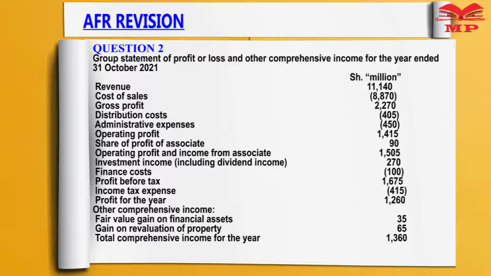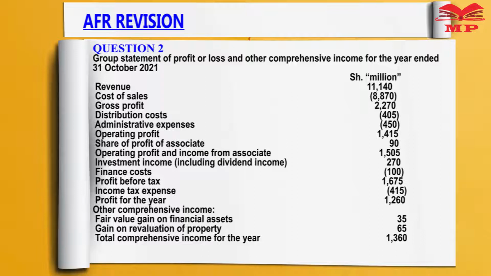So in that group statement of profit or loss, we have revenue, the cost of sales, the gross profit, distribution cost, admin expenses, operating profit, and share of profit of associate. We have investment income, which you are told includes dividend income, finance cost, and then the profit before tax.